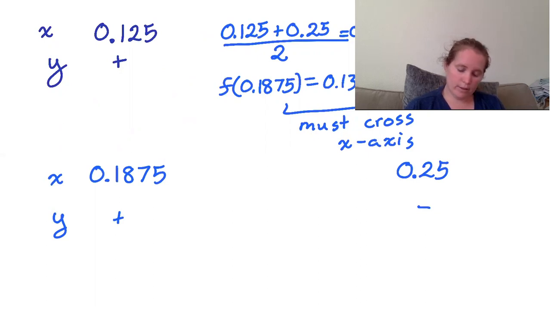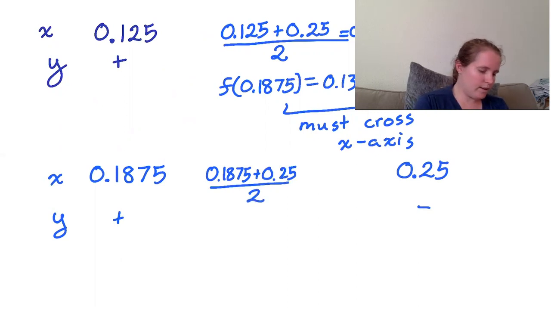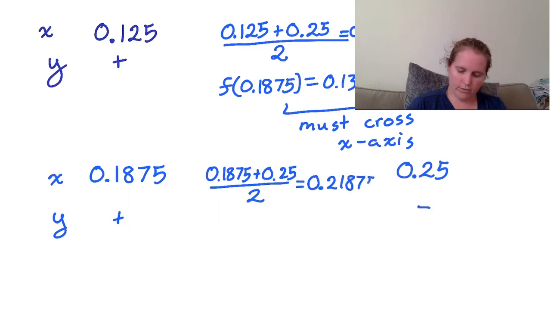So if we look in the middle between those, we will do 0.1875 plus 0.25 divided by 2. And that puts us at 0.21875.